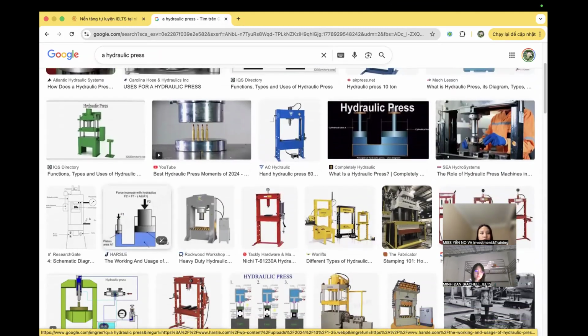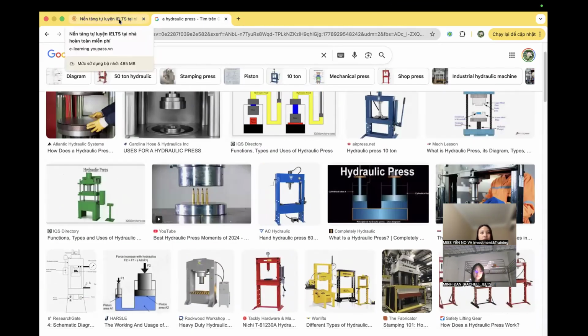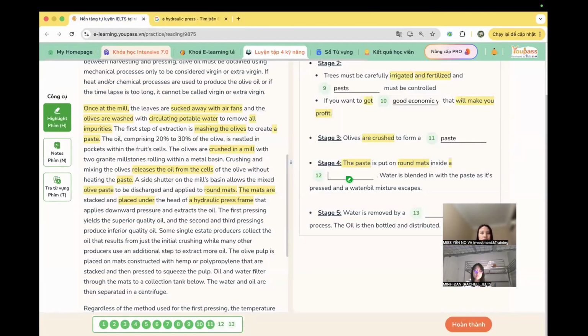Oh. Yeah. They use the pressure of water to affect the paste. Yeah, hydraulic press.